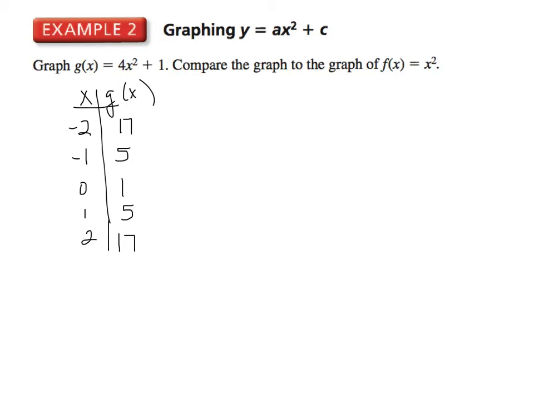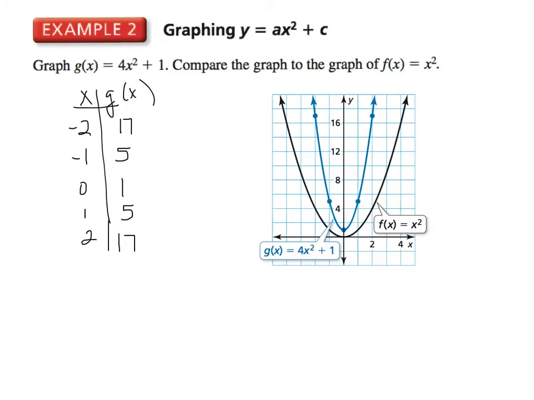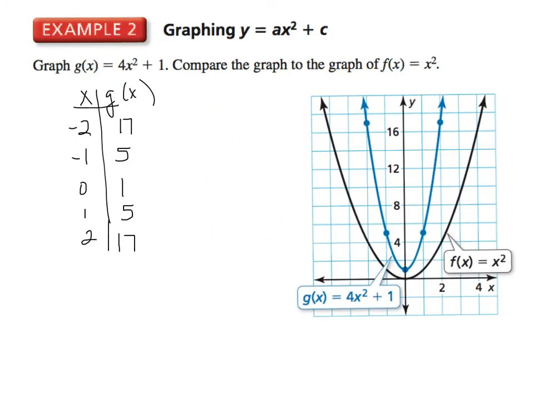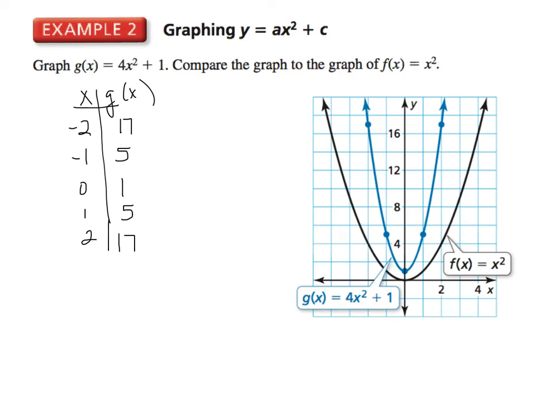Now I'm going to graph this. And if I do graph this, I'm going to count, you can count by anything you want, but this graph counts by 2s. Well, what happened here? Notice what happened. The blue graph is your g function. It's much narrower. It also went up 1. So what can you tell me?